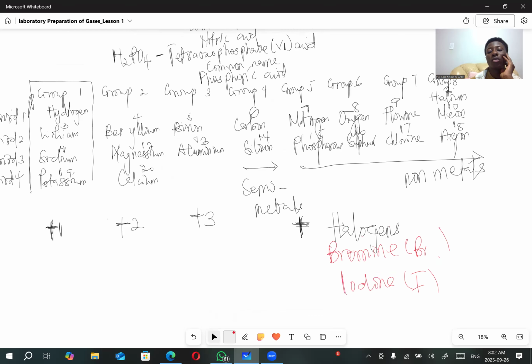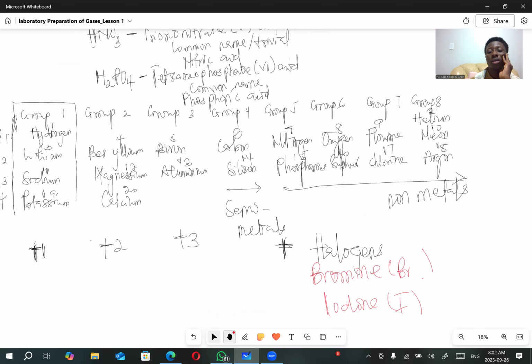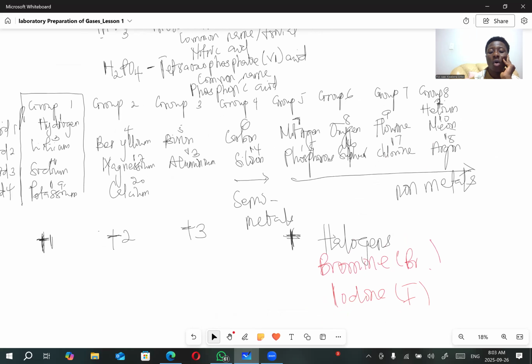All elements in group 8 are called, anyone to try? It's common. All elements in group 8 are called inert gases or noble gases or rare gases.